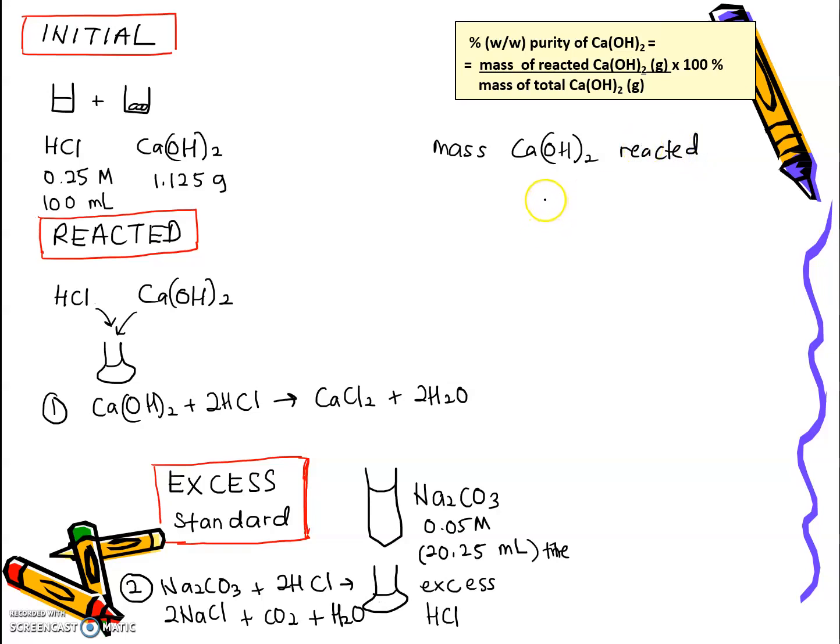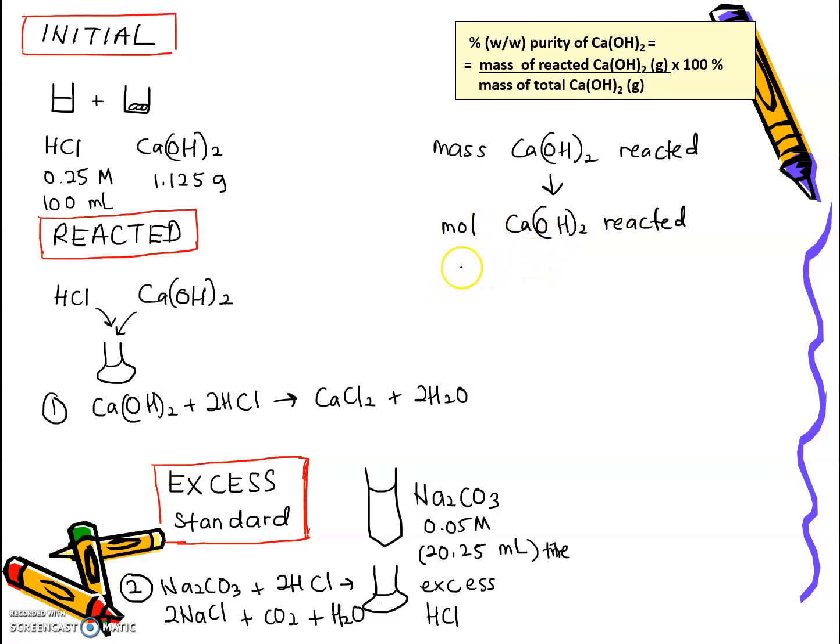Okay, we reverse back how to find the answer. Before you determine mass calcium hydroxide reacted, you have to find the number of mole calcium hydroxide reacted. Okay, how to find the number of mole calcium hydroxide reacted?